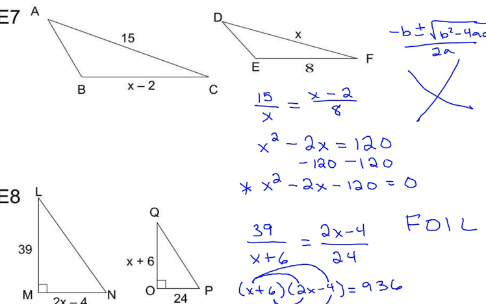What does it have to equal? 0. So we have to move it to make it equal 0. So we minus the 936 from both sides. You're going to end up at 2x squared plus 8x minus 960 equals 0.